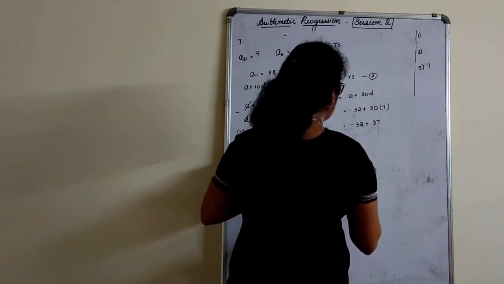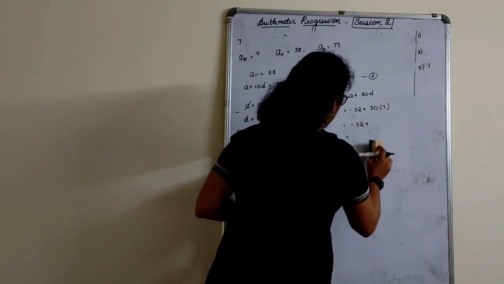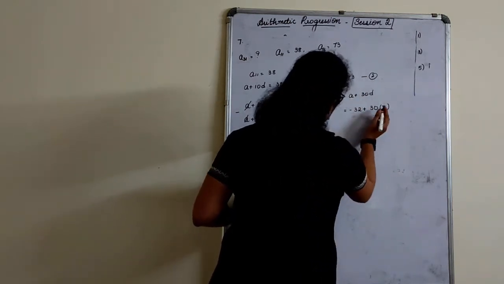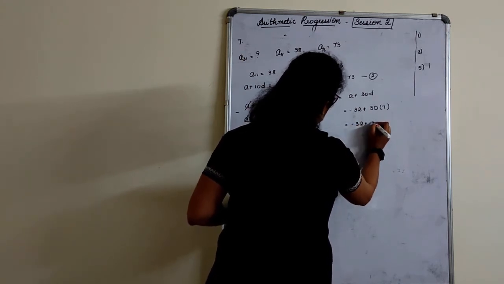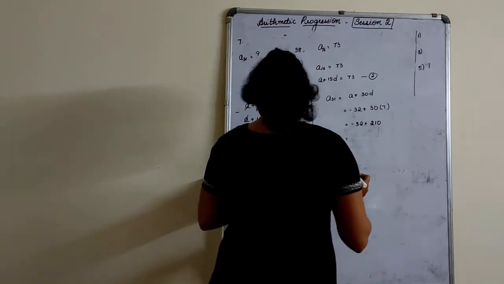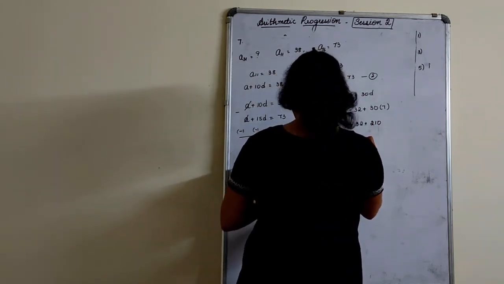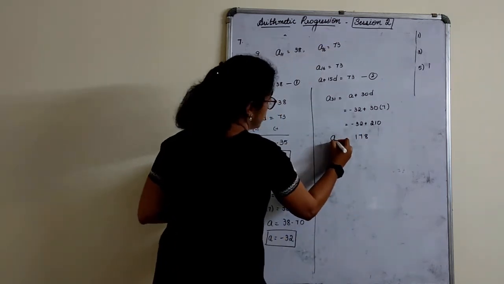Let me just check. Oh, sorry. Not 37, children. I'm so sorry. I just added it. Minus 32 plus 210. 7 3s are 21. So minus 32 plus 210 will give you 178. Yes.